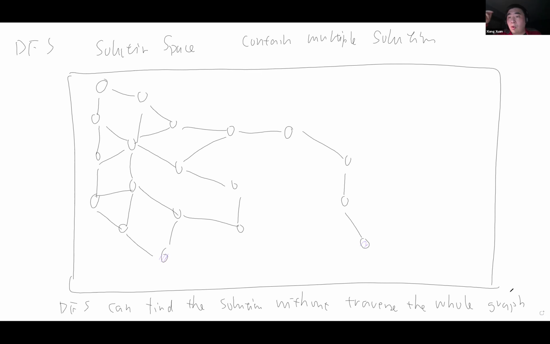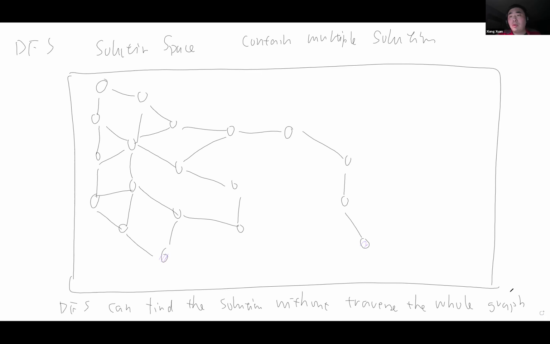DFS will go as deep as it can first. That's why, if you have a huge graph with multiple valid solution nodes, using DFS it can find a solution much faster than BFS.